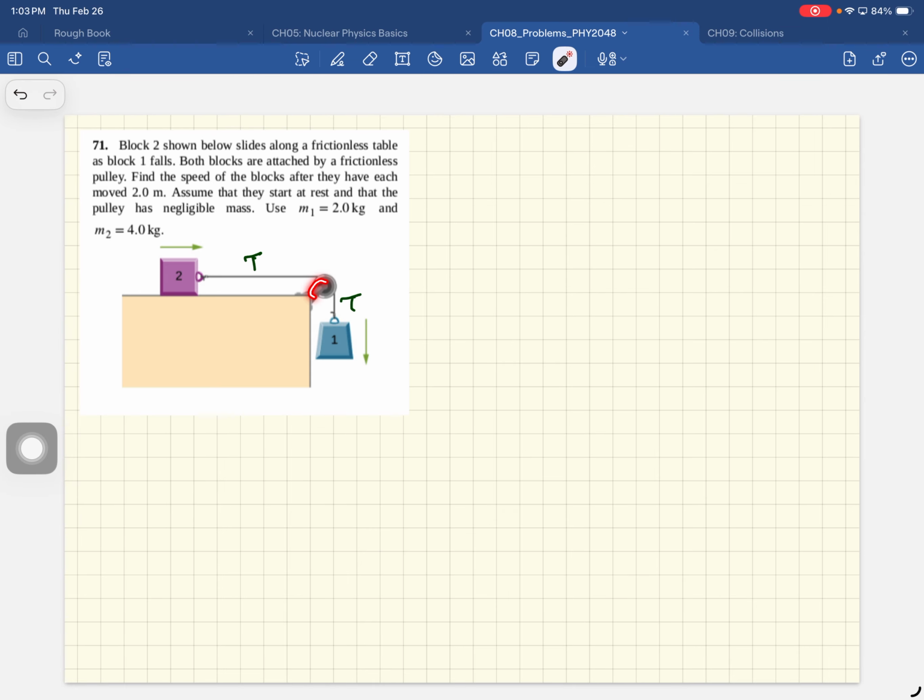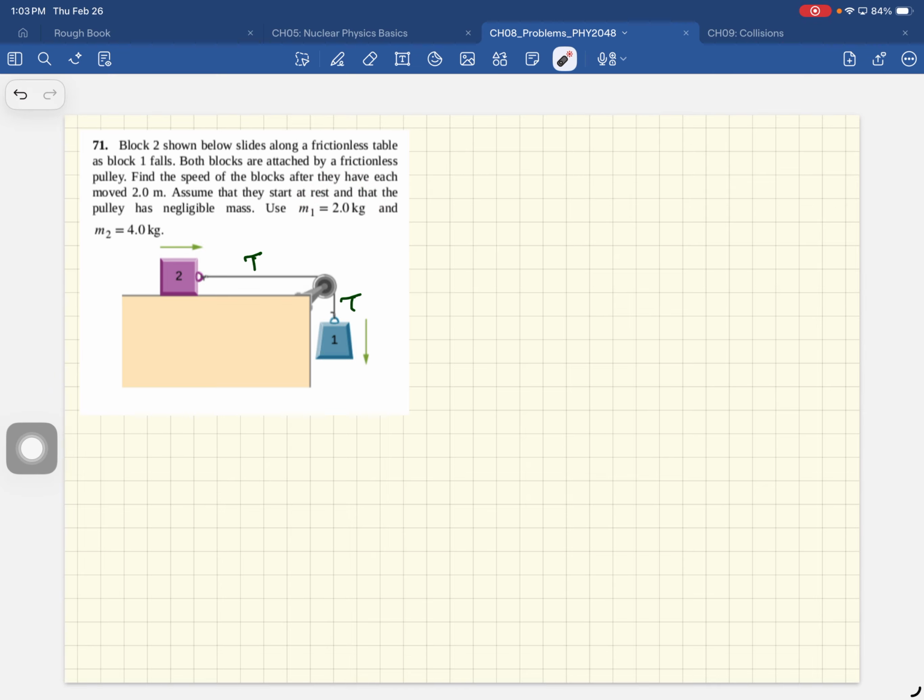But for now, when this is massless, the tensions are the same. That's what they're trying to say. Find the speed of the blocks after they have moved 2 meters. So this thing has fallen 2 meters, and they want you to assume that they start from rest and that the pulley has negligible mass.